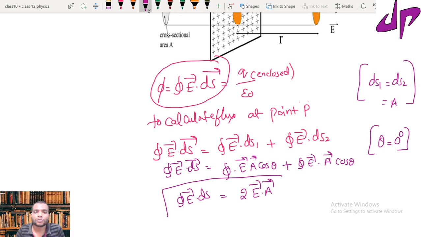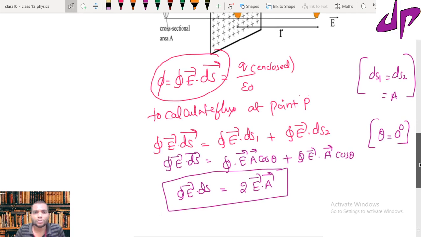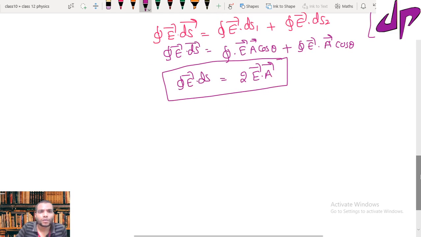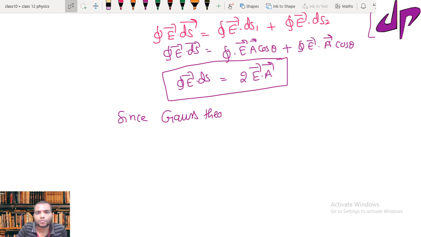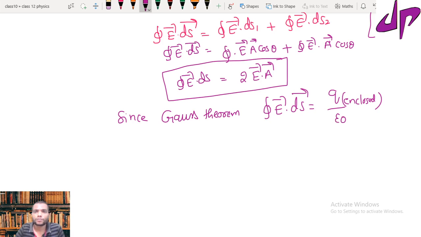Now this is the total flux, and we make it equal by using Gauss theorem, which is equal to Q by epsilon naught. Gauss theorem says the closed integral of E bar dot dS bar equals charge enclosed upon epsilon naught.